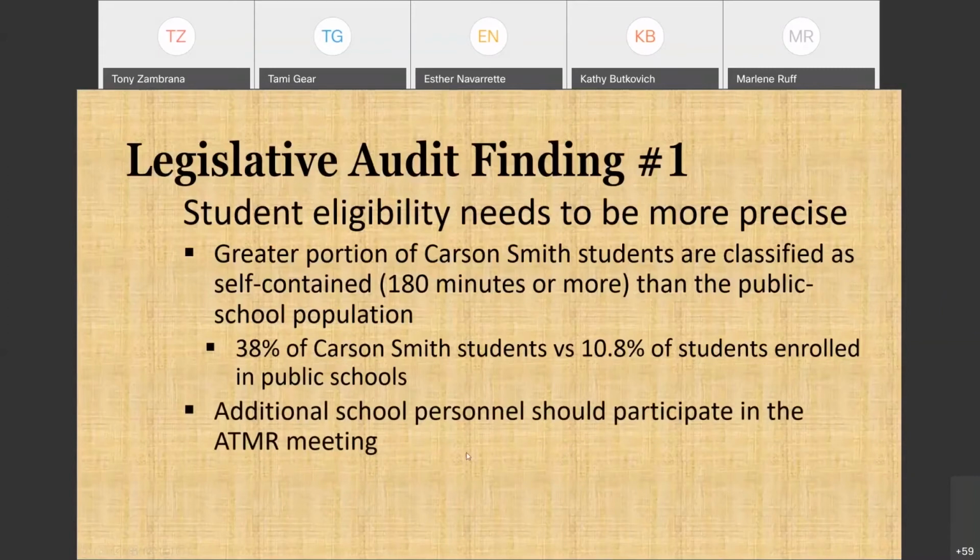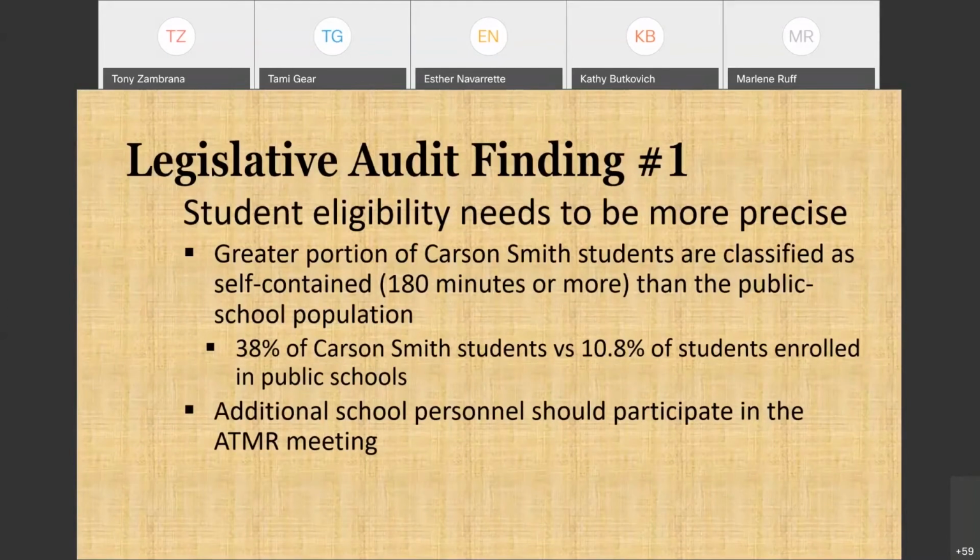And in order to determine the right thing, they also felt that additional school personnel should participate in that ATMR meeting. When we don't have the right people in the meeting, it is difficult to determine what level they should be, if they're eligible or not. And when you look at the people that are required to be in a district special education meeting, there are a lot of people that need to be involved in that meeting.